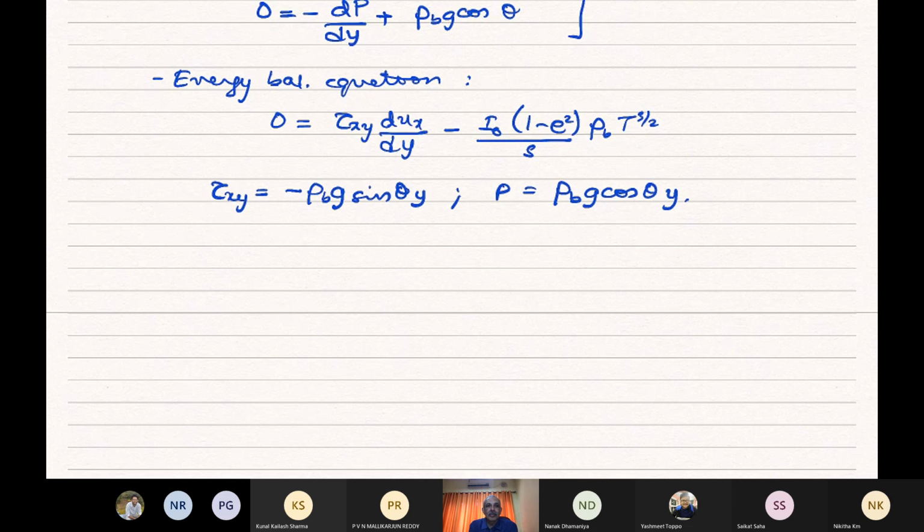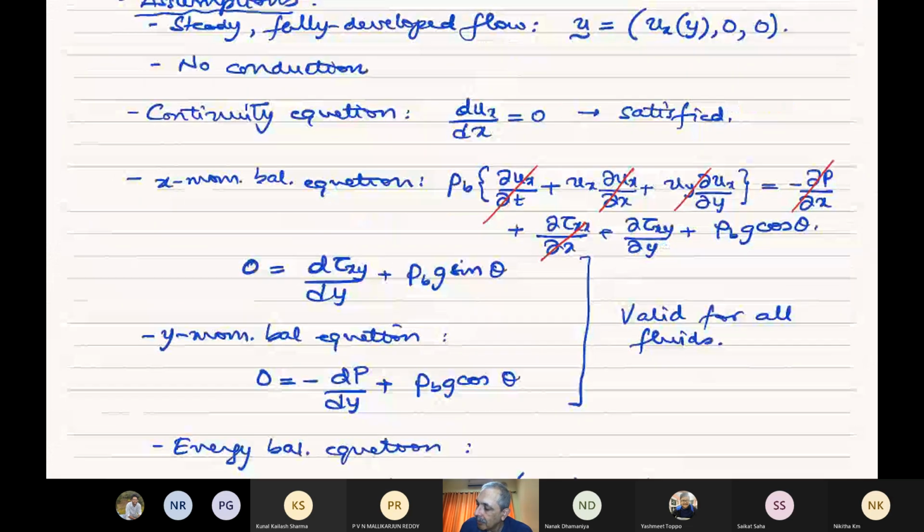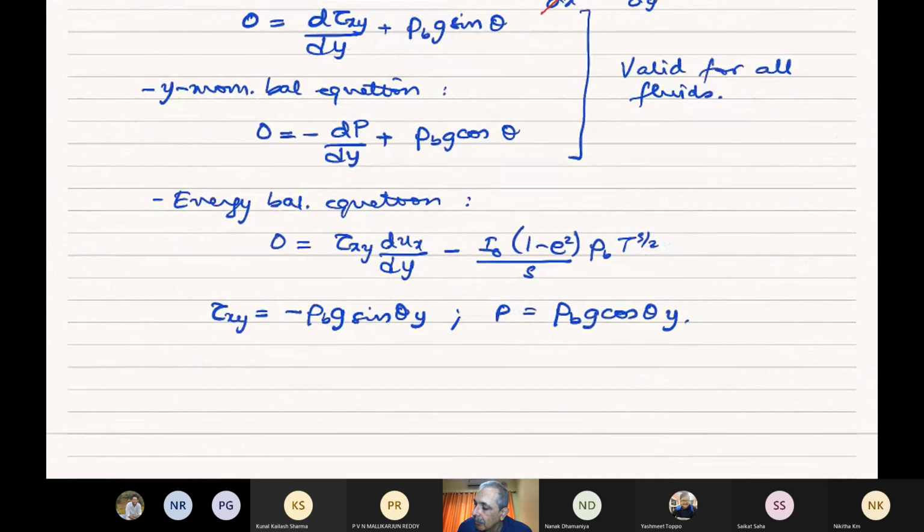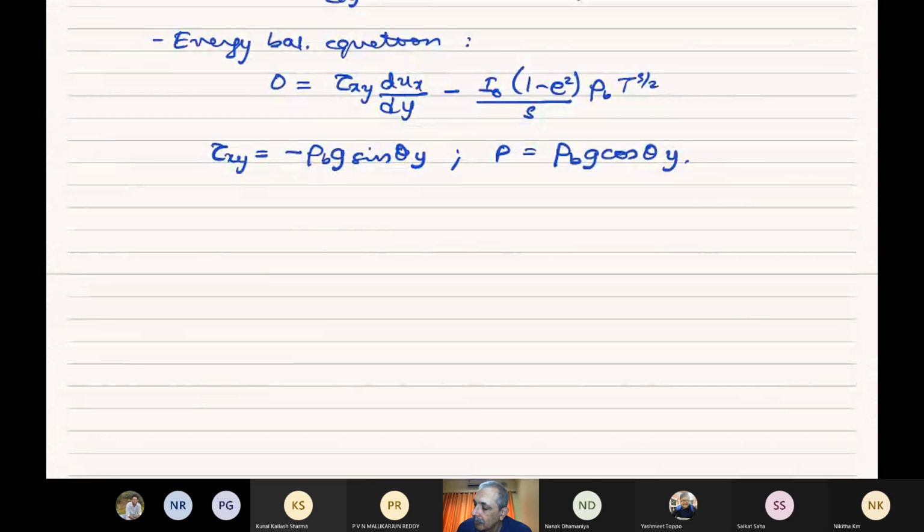Now, we want to solve for the velocity field, right? So we want to find out what is ux as a function of y. So how do we do it? Well, we know what is tau xy, and now we can substitute for tau xy using the constitutive relation.